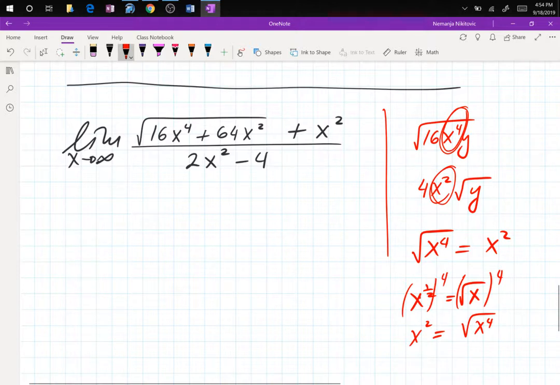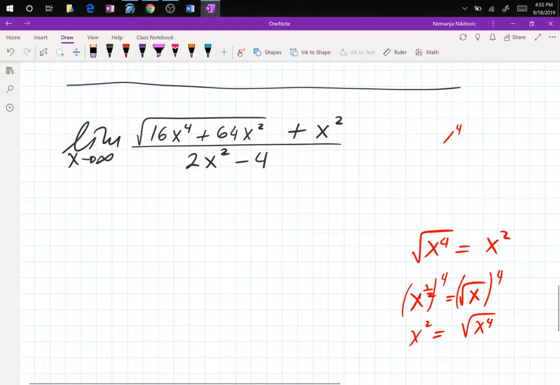So that's all side algebra that tells us that the highest exponent is not x to the fourth, but x squared. When you combine this one with the square root, it's x squared, and the other two are x squared, so the highest exponent in the problem is actually x squared.